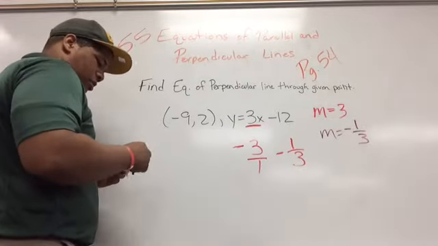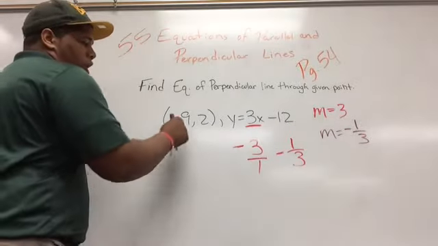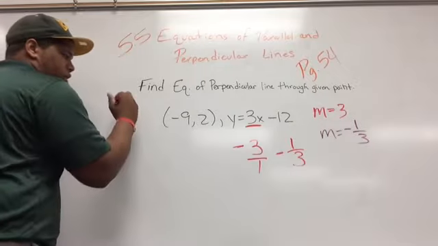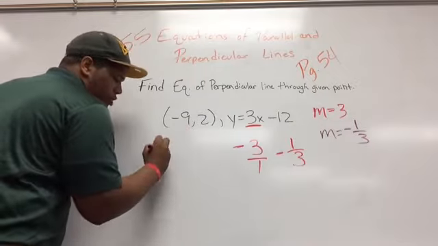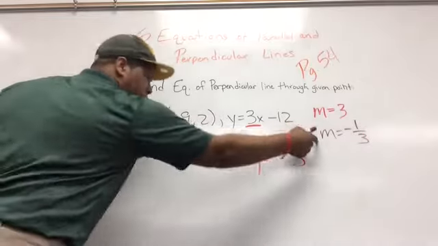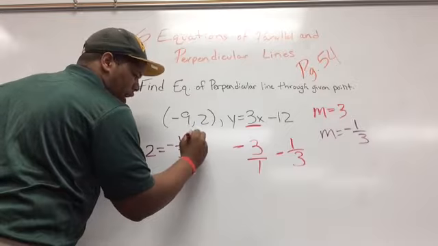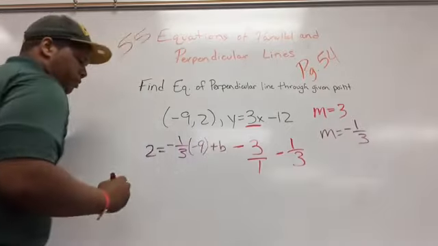So now I'm going to use my slope of a perpendicular line to figure out a line that goes through this point. So once again, I'm going to plug my numbers into the y = mx + b form. So my y is 2, equals my slope, -1/3, times my x, plus b.